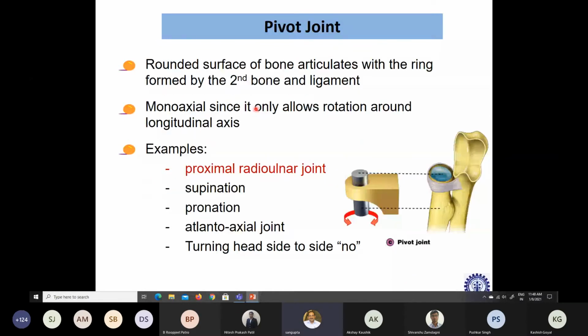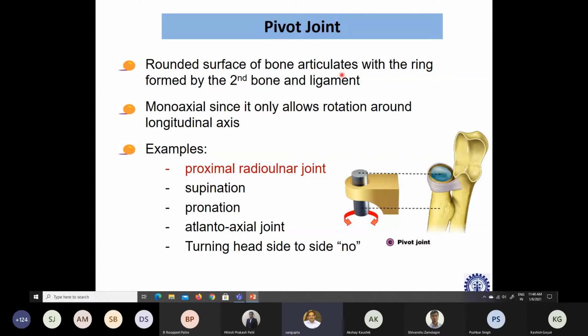Now let us move to pivot joints. A classical example is the proximal radioulnar joint. You know the elbow, you have the bones radius, ulna, and the humerus. The connection point between the radius and ulna is the radioulnar joint, and that is a classical example of a pivot joint. You can see the picture very clearly.